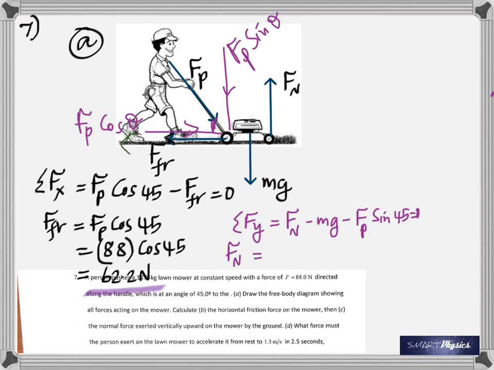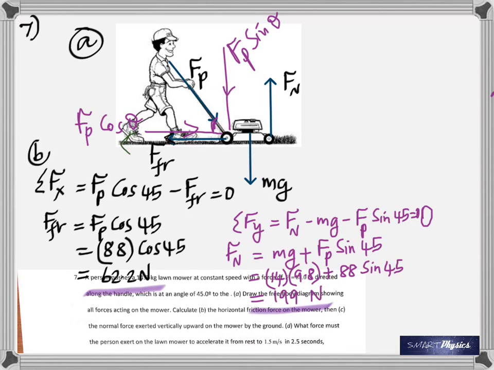Set it equal to 0 because it's not accelerating along the y. Make Fn the subject. When you plug in the numbers, it's 14 kilograms times 9.8 plus 88 sin 45. That gives you 199 newtons there.